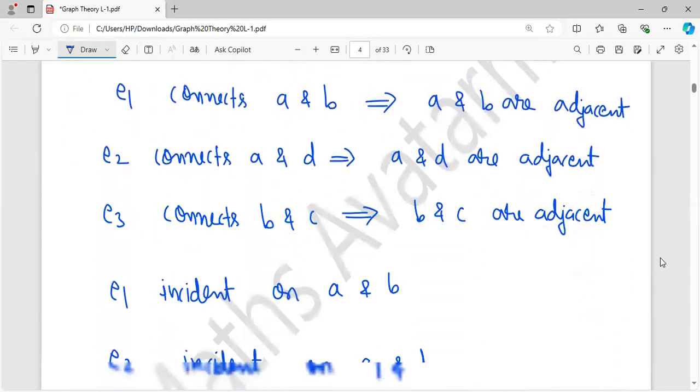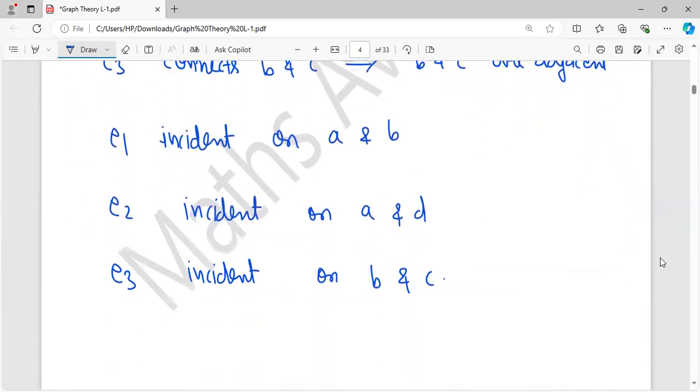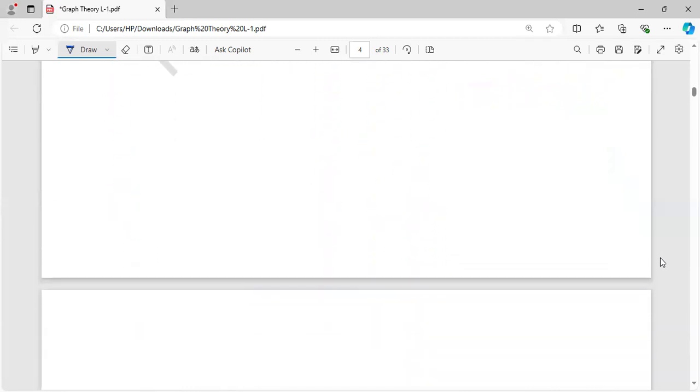E3 is incident on B and C because B and C are endpoints of E3.